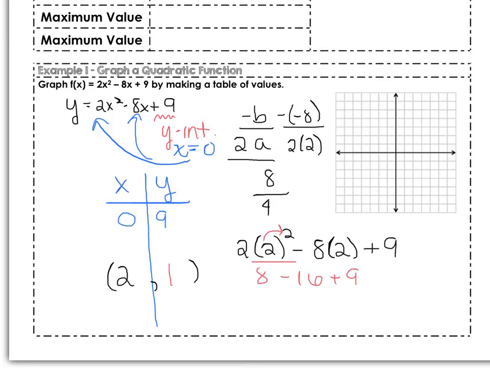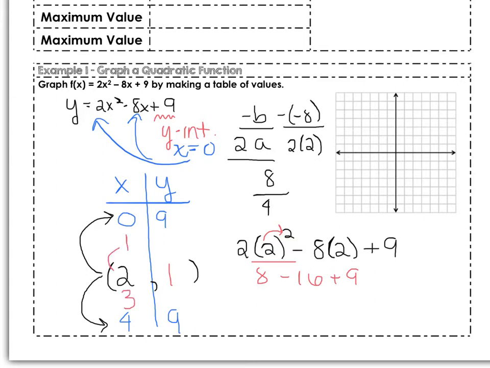Now the special property about axes of symmetry is that coordinates that are equidistant from our axis of symmetry are going to have the same y-coordinate. So notice that 0 is 2 units away to the left from our axis of symmetry, so it's going to share a y-coordinate with 4, which is also 2 units away. Notice that we're going to miss between 1 and 3.